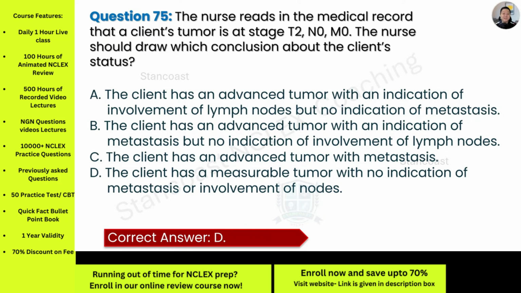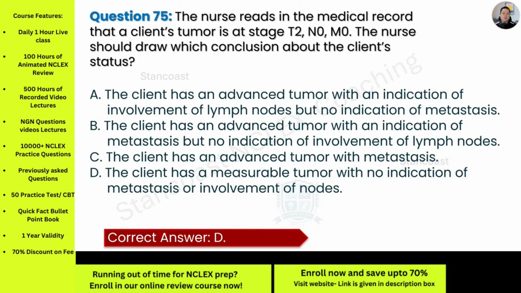We know that M0 means there is no metastasis. And in addition to that, the T2 suggests a measurable localized tumor. It is not an advanced one. Letter C is also incorrect because T2 does not indicate an advanced tumor and M0 means there is no metastasis.